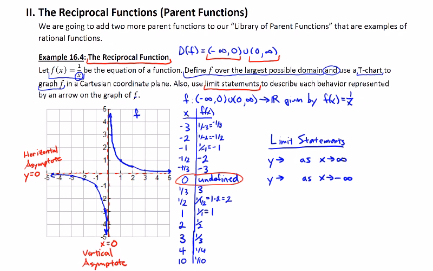So the x approaching infinity, I'm going to call that statement number 1. That is going to go with the arrow that's all the way here on the right. The second statement, where it says x approaches negative infinity, that's talking about the arrow going all the way over here on the left.